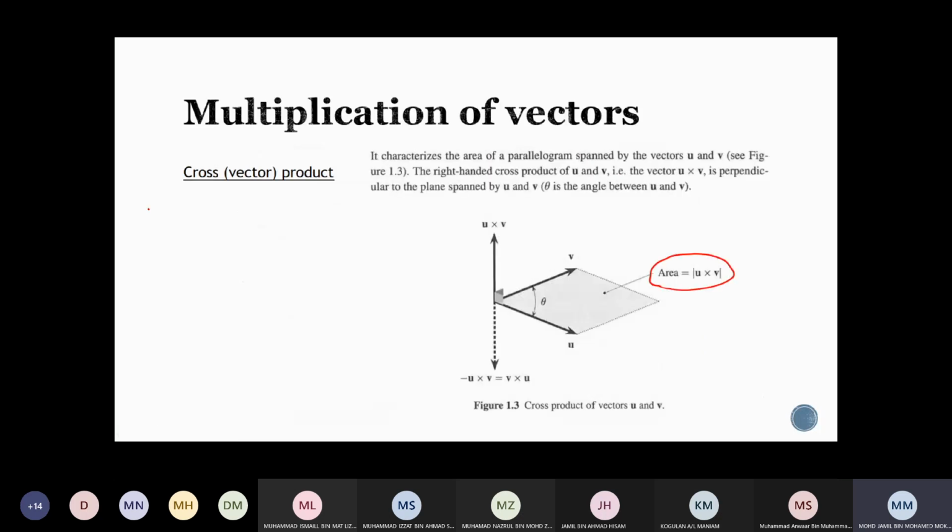Let's say U equals, kita ambil soalan tadi lah. Tak pun guna simbol je lah. U1 E1 plus U2 E2 plus U3 E3, and then we have V equals V1 E1.